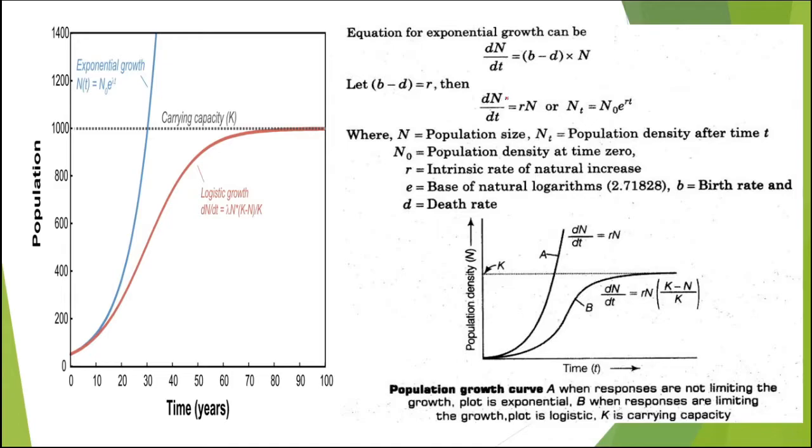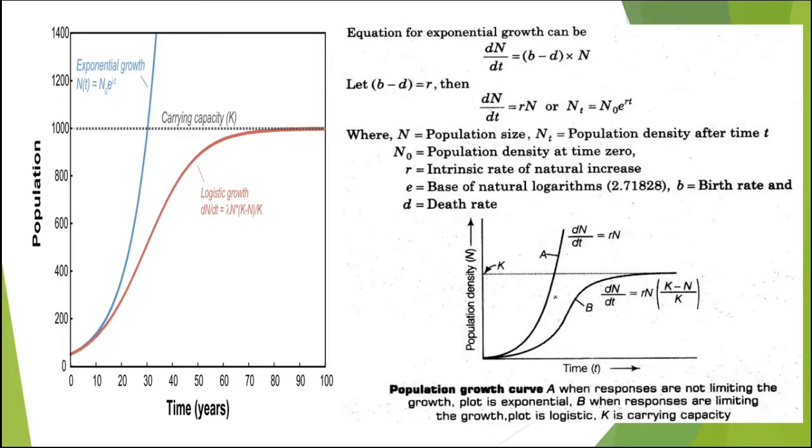Here N is the population size, Nt means population density after time t, N0 means population density at time 0, that is in the beginning, and r represents the intrinsic rate of natural increase, and e is the base of natural logarithm whose value is about 2.71. Small b denotes the birth rate and d the death rate.